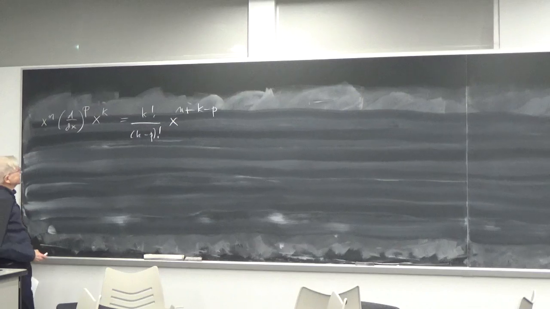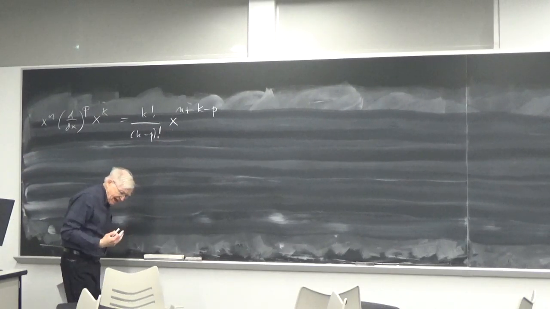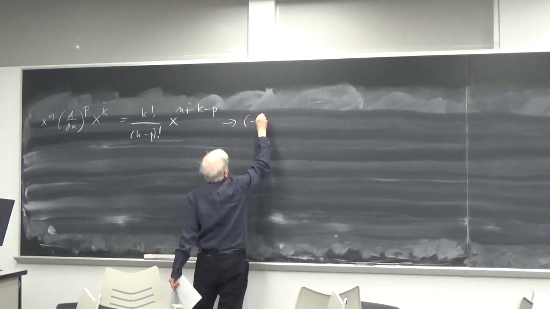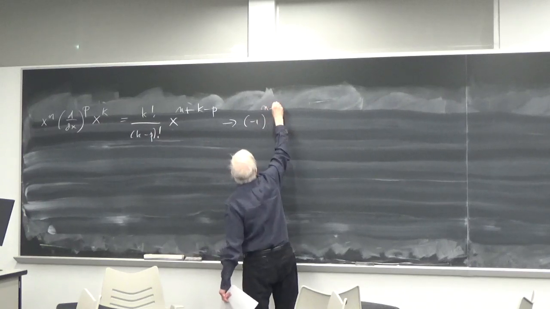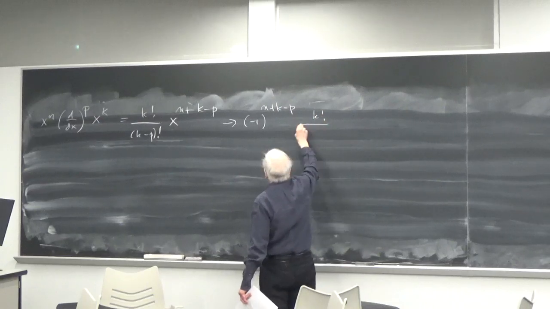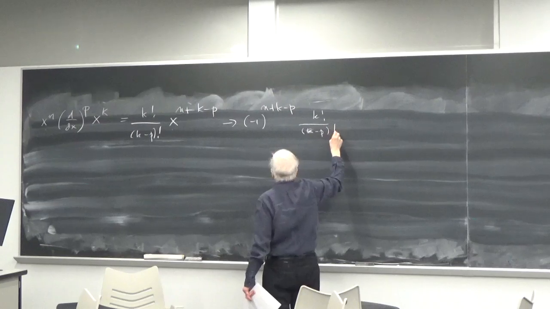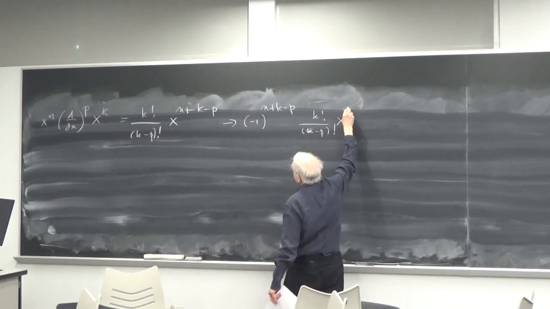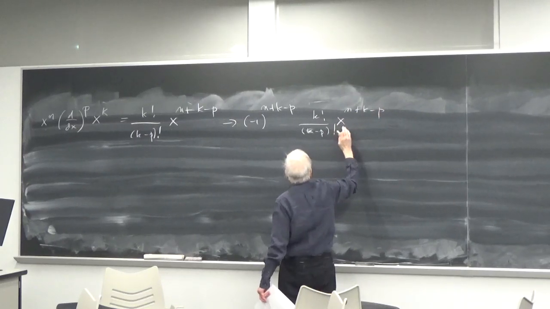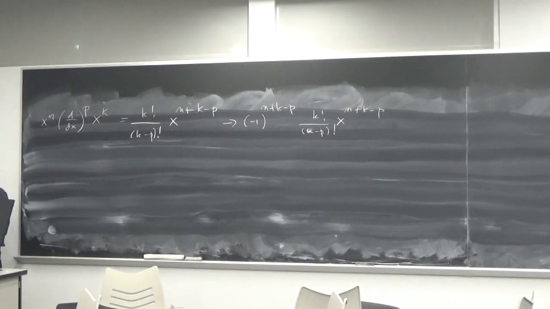And so if you imagine doing a reflection, x goes to minus x, you see that this goes to (minus 1) to the n plus k minus p times k factorial over (k minus p) factorial x to the n plus k minus p. So that's what happens when you reflect x to minus x.